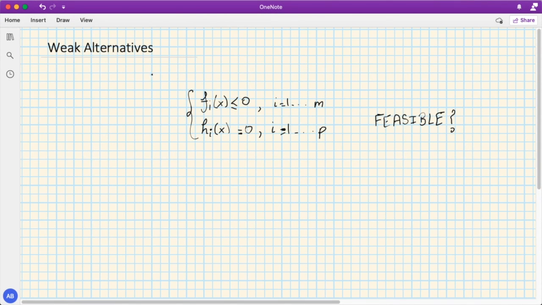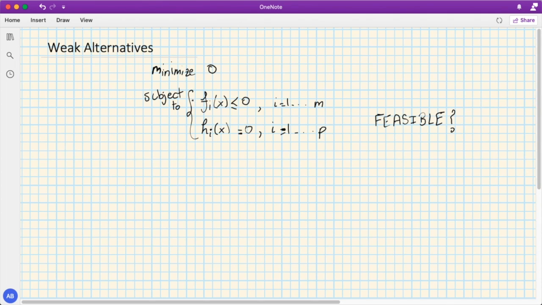So why not define a problem where we're minimizing, let's say, 0 subject to the following constraints that I'm looking towards knowing if it's feasible or not, right?